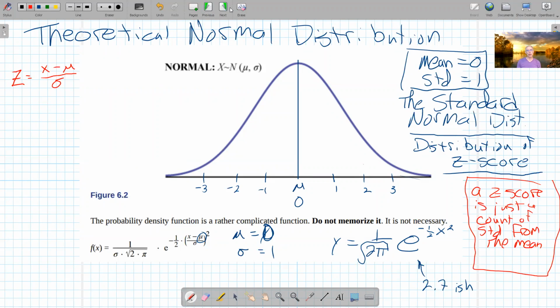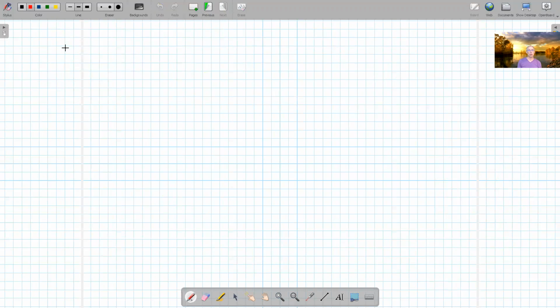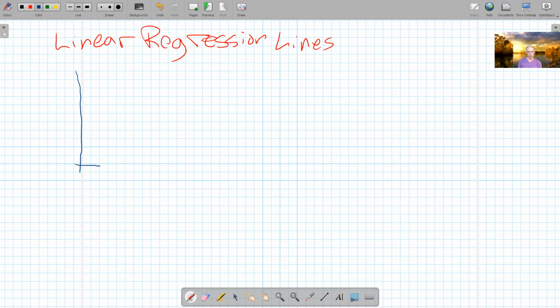Another example of theoretical versus experimental that we did before would be, remember we played with linear regression a few weeks ago? Linear regression lines. There were a couple of examples I thought were wicked cool that you guys did some research on. One of them was the honeybees, and the other one was the crickets.